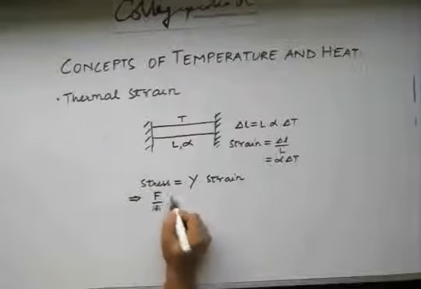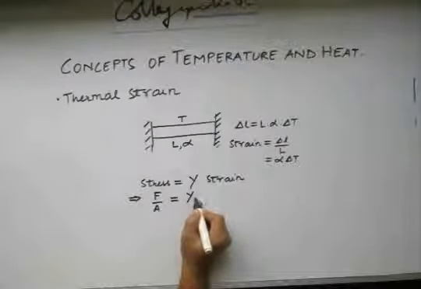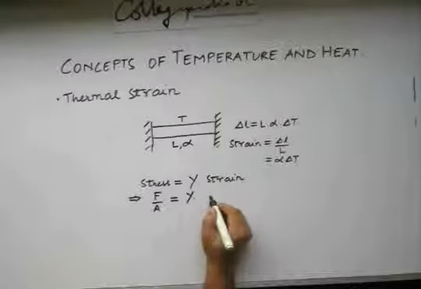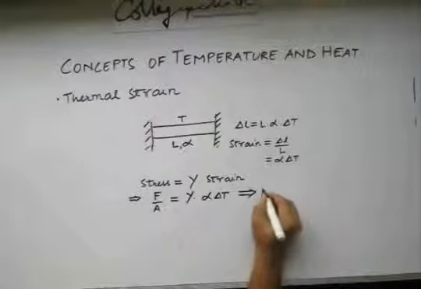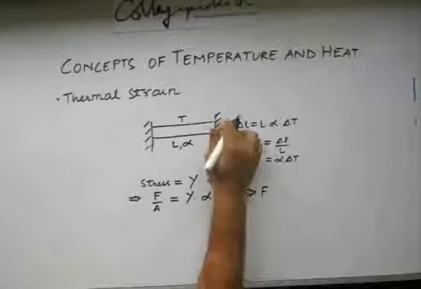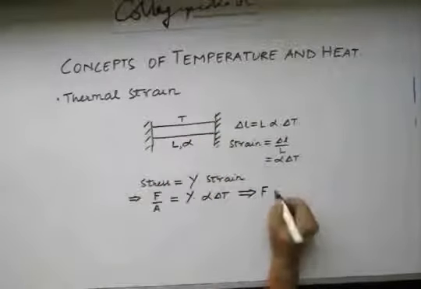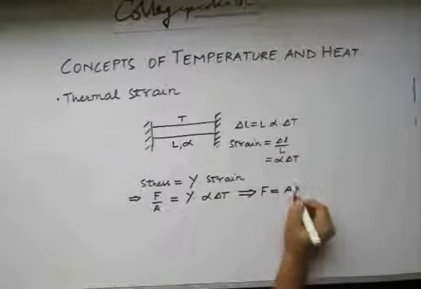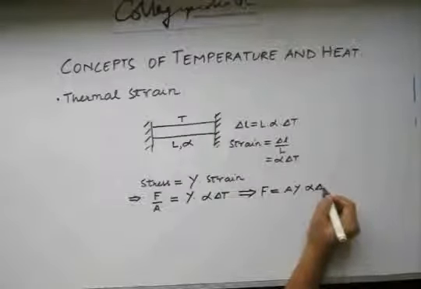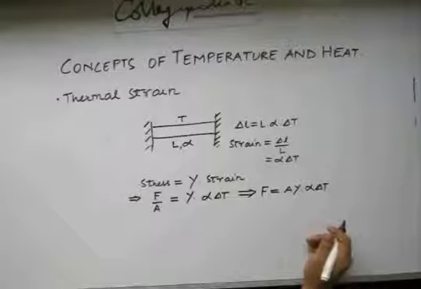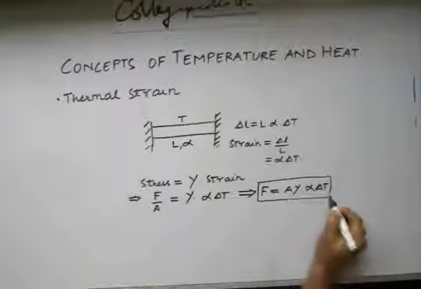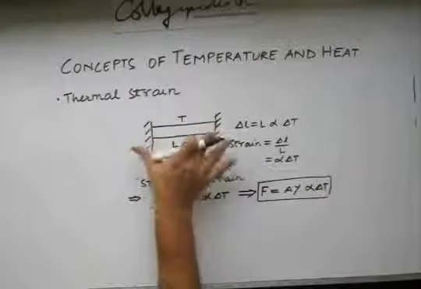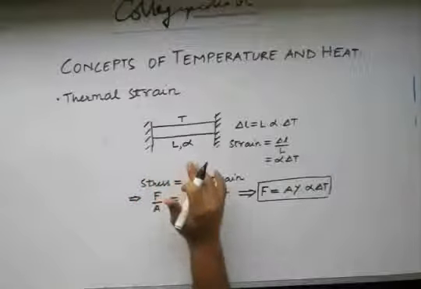So this becomes equal to the Young's modulus times the strain, which is alpha delta T. This gives us the force applied by this clamp at both its ends to be equal to A into Y into alpha delta T. This is the force by which the clamp holds or supports the rod at its two ends.